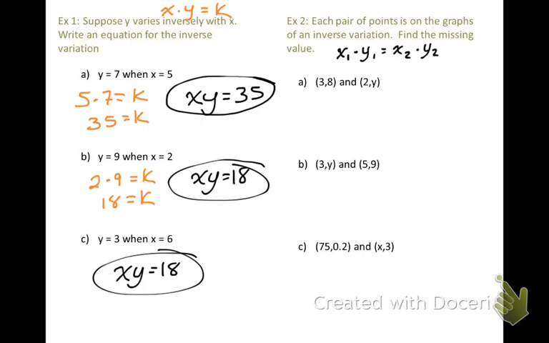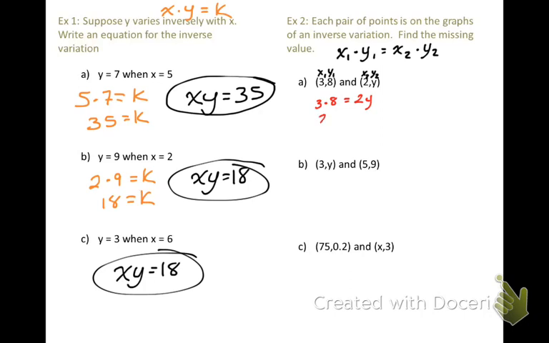Now they give you two sets of ordered pairs, so you would have x1, y1, x2, y2. Using the formula, we can find out what y equals on A. So I would do 3 times 8 equals 2 times y.